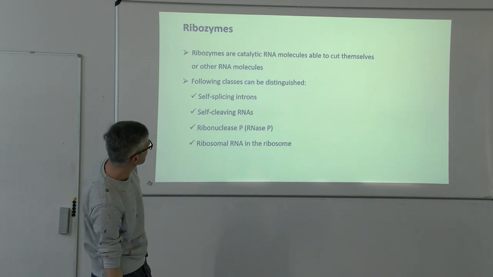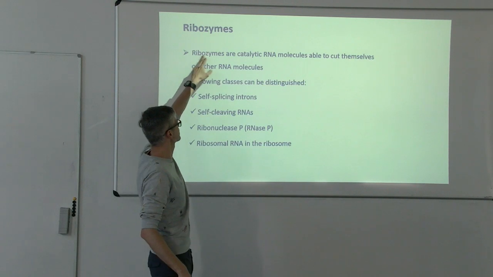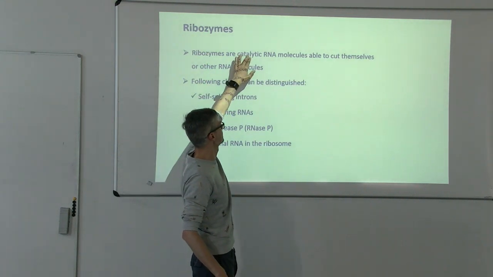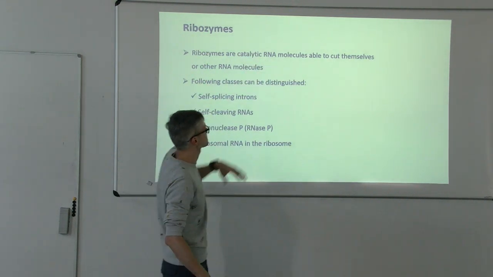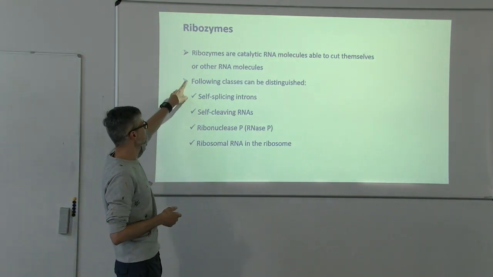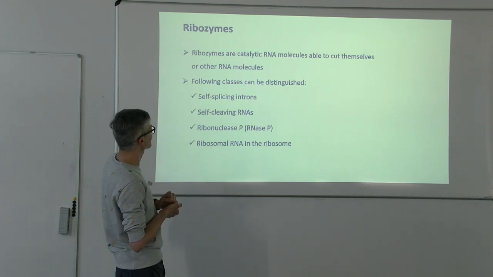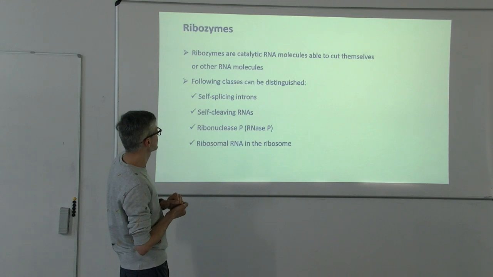Ribozymes are specific RNA molecules. You know enzymes. What is so specific about ribozymes? That they are catalytic. So they are catalytic RNA molecules. They can cut themselves or other RNA molecules. And we can have these classes of ribozymes.